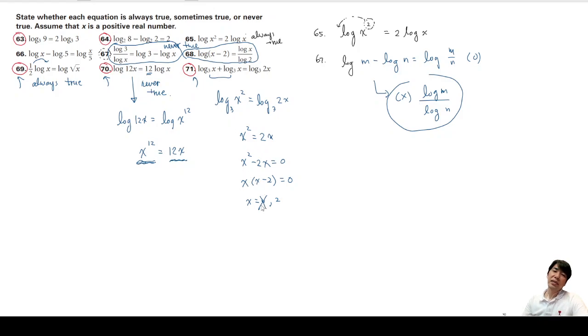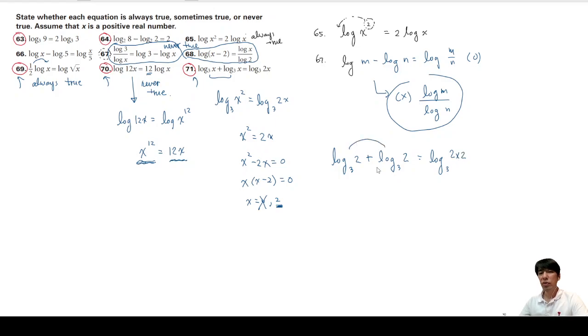So this says when x is equal to 2, the expression on the left-hand side and the expression on the right-hand side will be equal to each other. Is that true? Just plug in 2 into this x and confirm that they are the same. So what do you get? Log base 3 of 2 plus log base 3 of 2 is equal to log base 3 of 2 times 2.